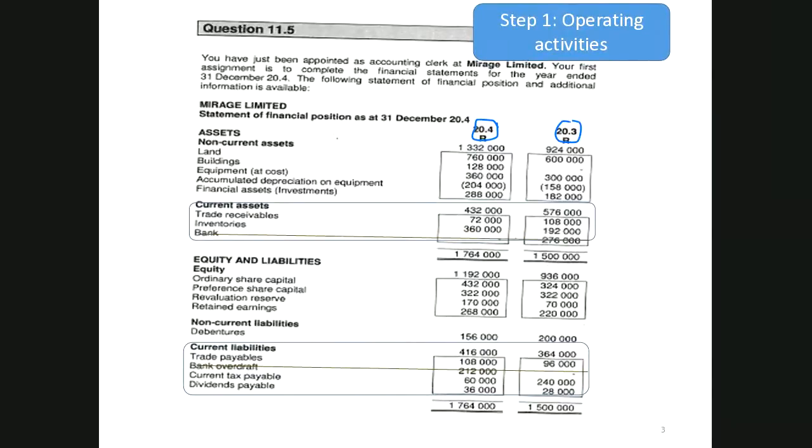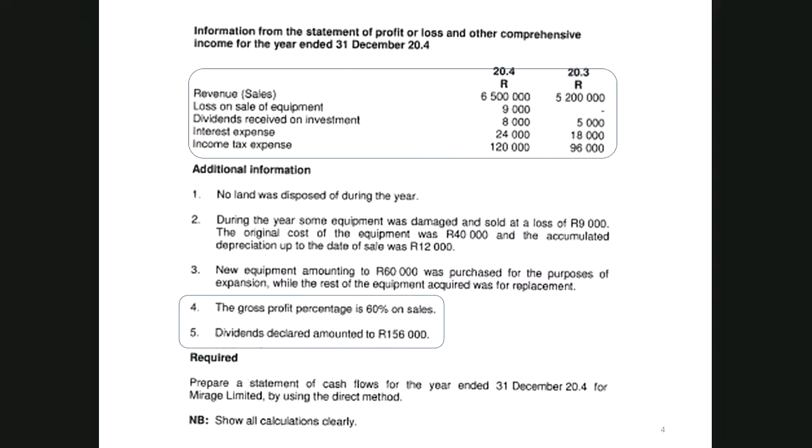The additional information they've given us, sometimes they'll give you the full statement of profit and loss. Here they've only given us extracts, information from the statement of profit and loss. It's obviously not complete. What I do suggest, and I'll show you just now, is that you actually reconstruct the statement of profit and loss, because you need to do that to work out the money spent on operating expenses.